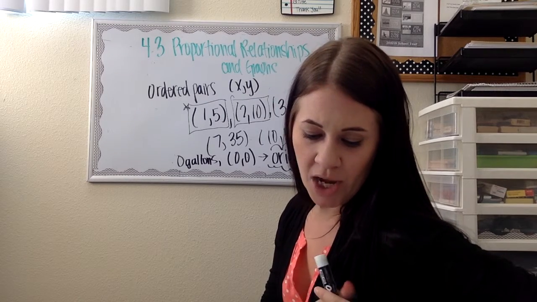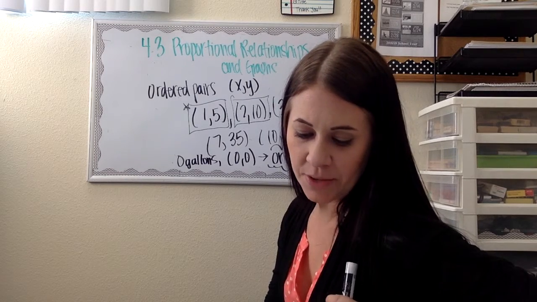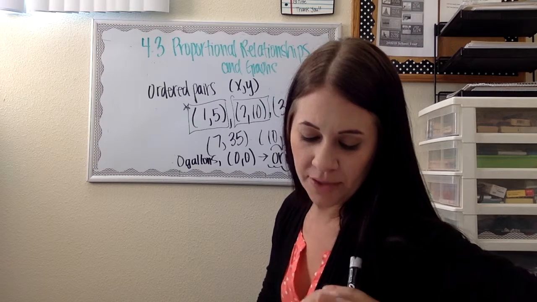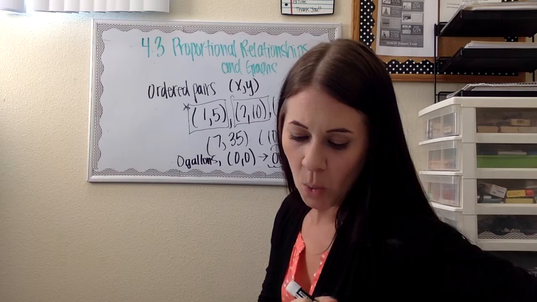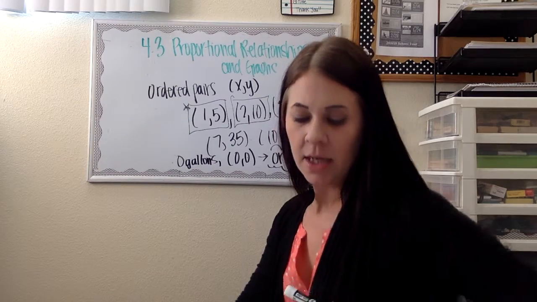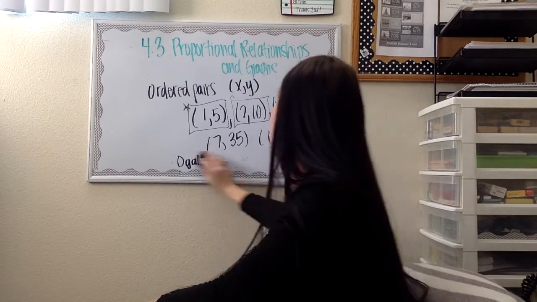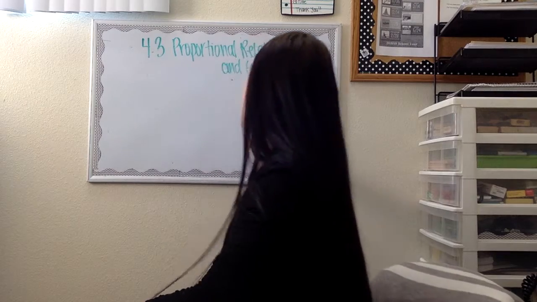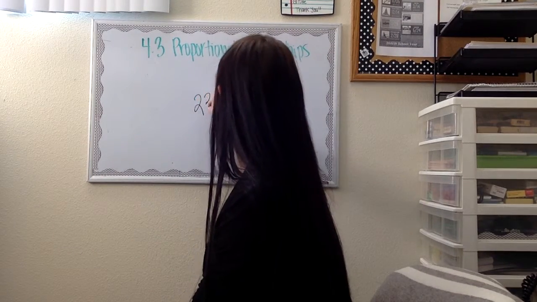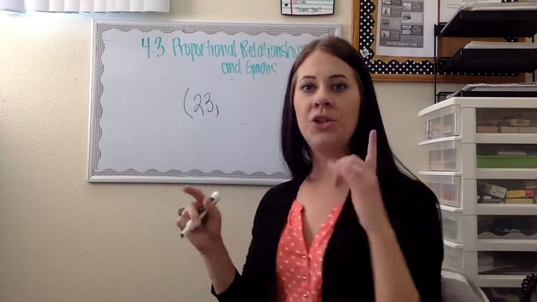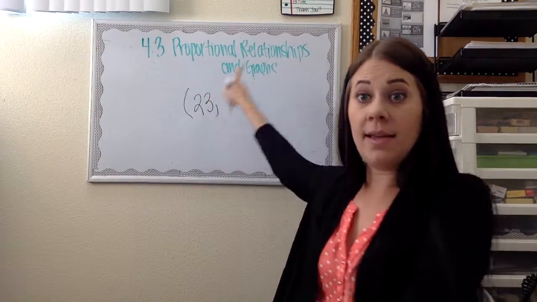Letter G, draw conclusions. If you continued the table to include 23 minutes, would point 23, 125 be on this graph? Why or why not? So let's look at that dot and talk about this. So if I had 23 minutes, well, what did we do to our x to get our y?